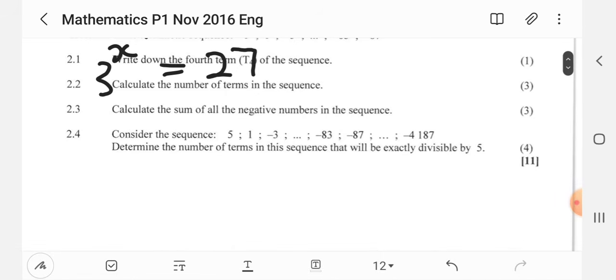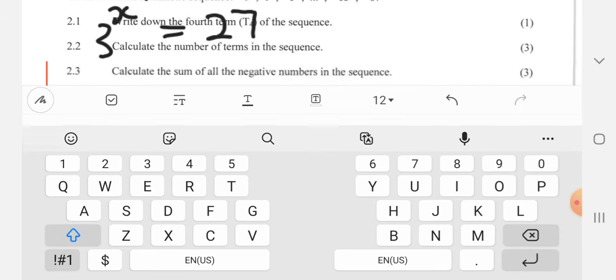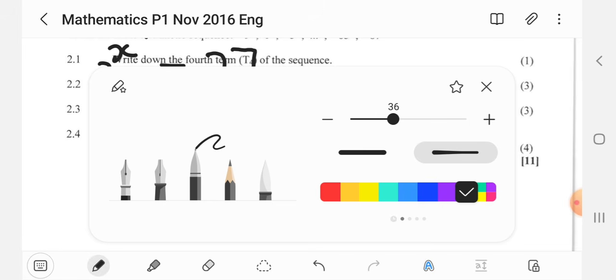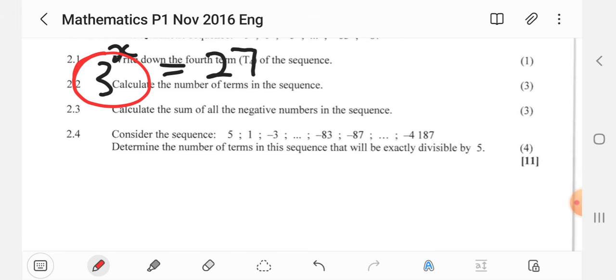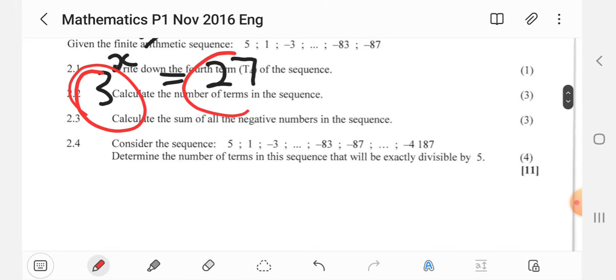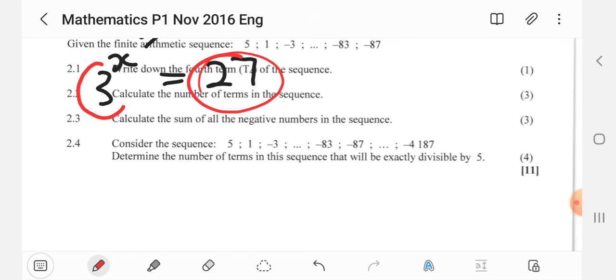Now what needs to happen, guys, is that when you have things like this, anything on this side to the power of x, it means you have to write this 27 as a power of 3. You have to look and write this bigger number as this one. Okay, so we have 3 to the power of x, and how do we write 27 as a power of 3?